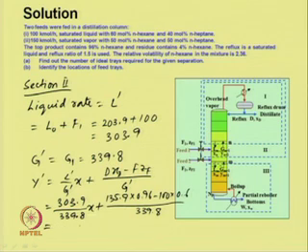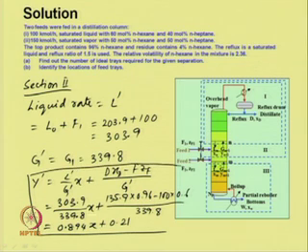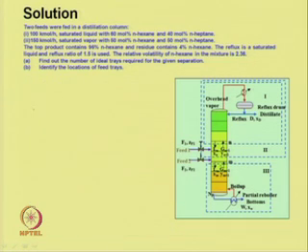So, which would be equal to 0.894 x plus 0.21. So, this is the operating line equation for the intermediate section. Now, let us consider section 3, that is the stripping section.